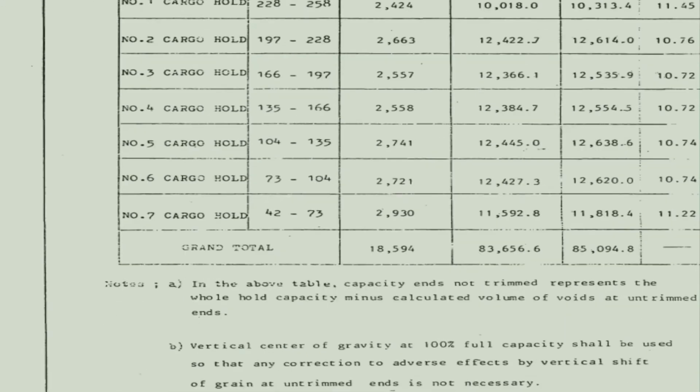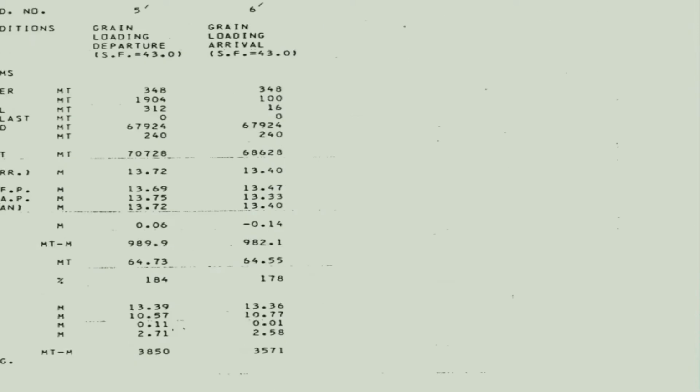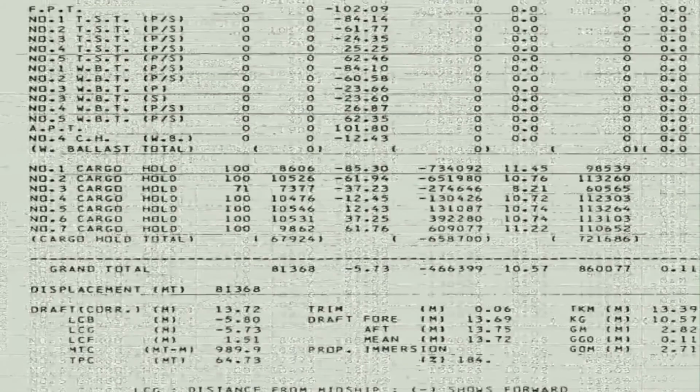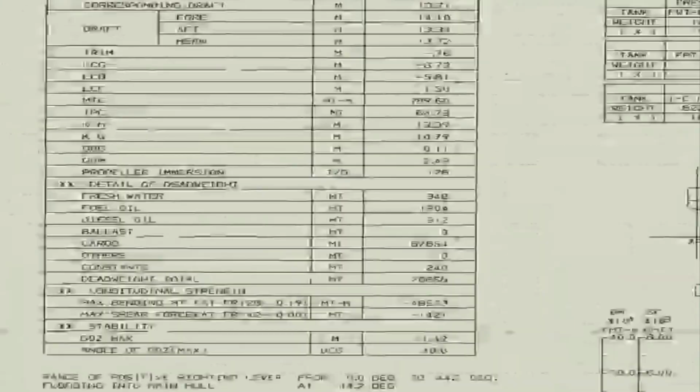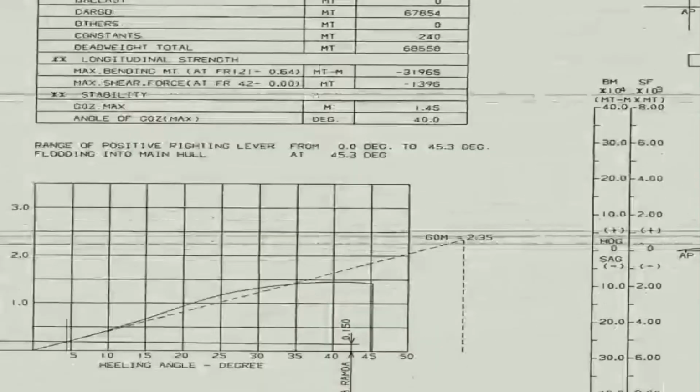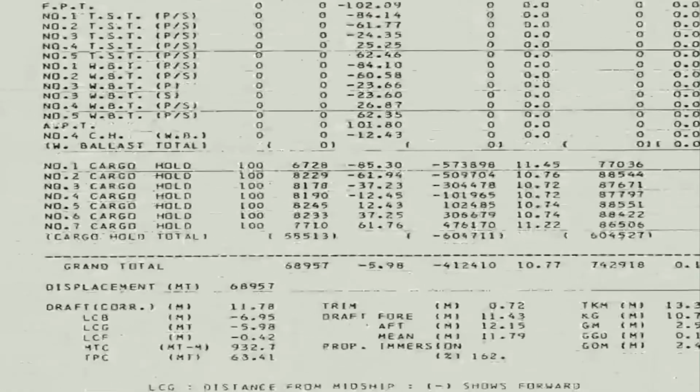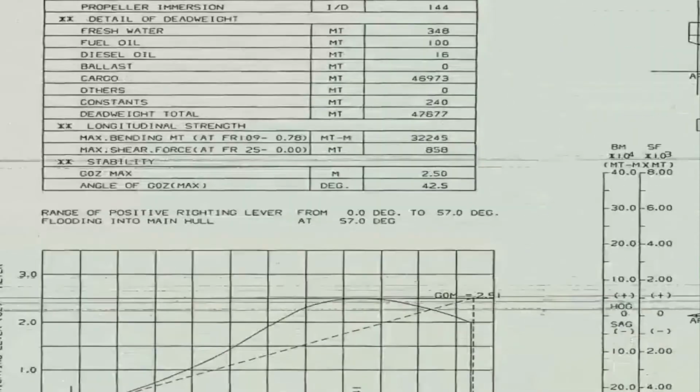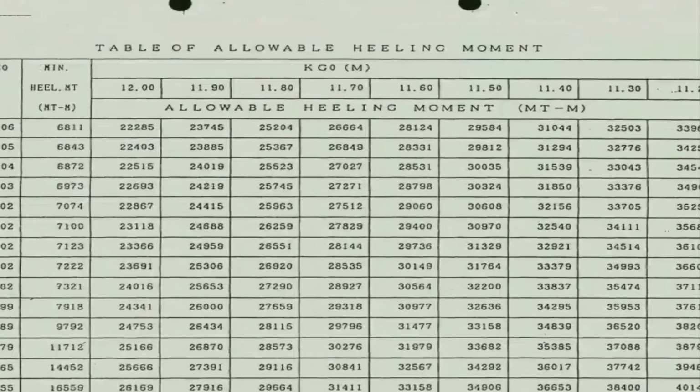Let's move here, also conditions, and this is also a condition which is solved in the book. You can solve it and make a comparison between your calculation and the book figures. This is chapter number 4, data for grain stability calculation.